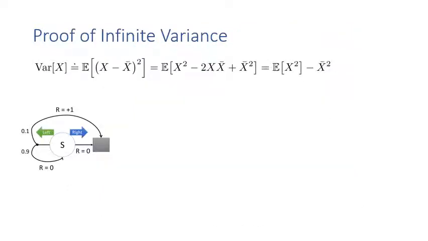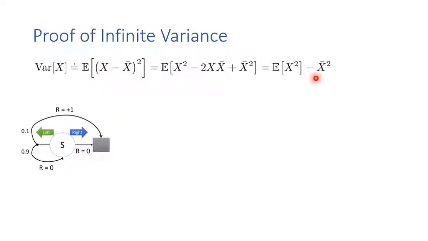In fact, we can show that the importance sampling in this simple problem has infinite variance. Recall that the variance is the expectation of the variable x minus the mean, squared.